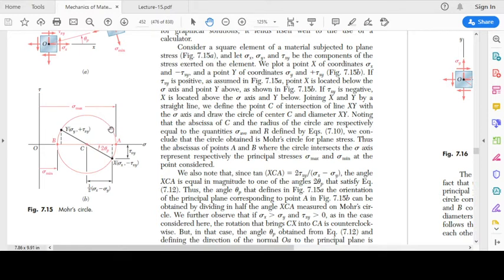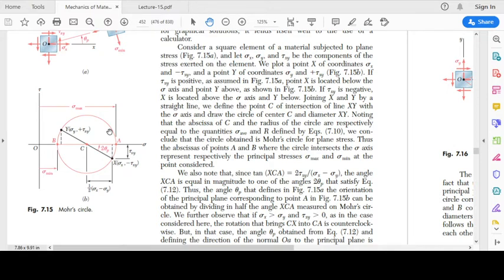And we can find the coordinates of the point where this 60 degree line is intersecting the circle. The coordinates of that point are going to be the normal and shear stress at that point.